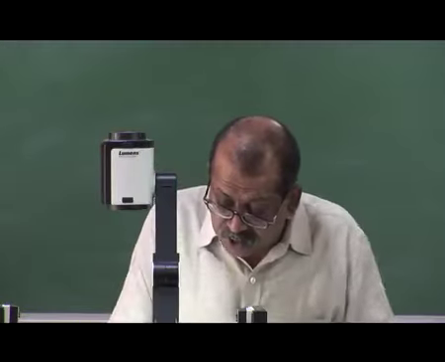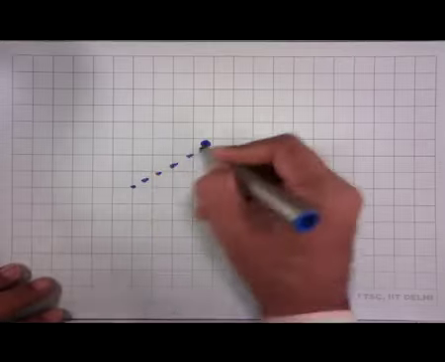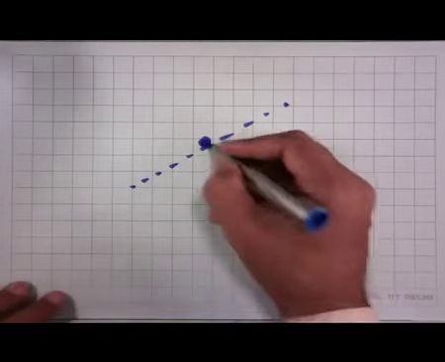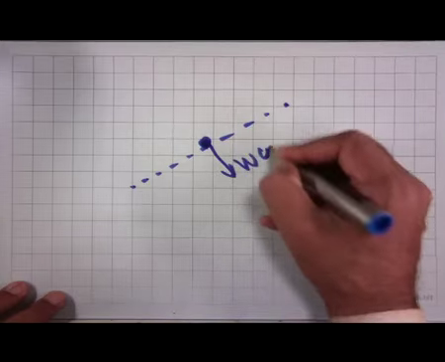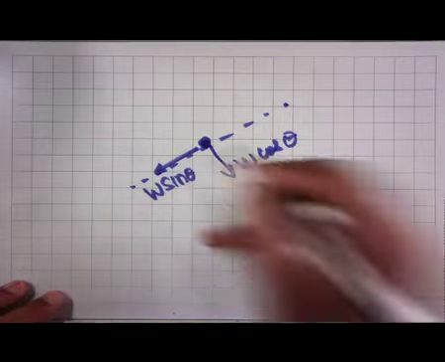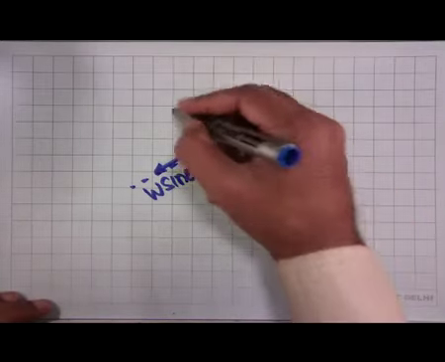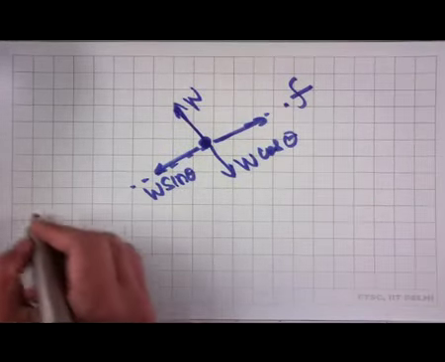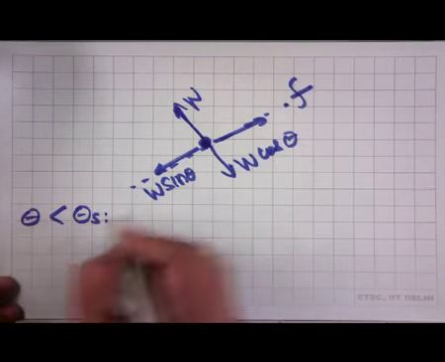Once again, this is my incline, and I draw the free body diagram of the block. I can write W cos theta and W sin theta, and then we have the normal reaction and the friction. Now, when theta is less than theta s, the block is at rest.